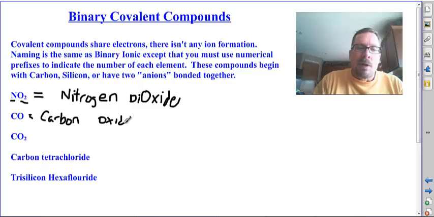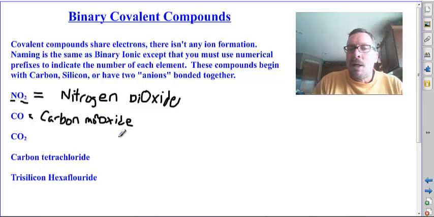I only have 1 carbon, so that would be mono, but because carbon is the first element, I don't have to write mono. I do for the second one, so 1 oxygen would be monoxide. This becomes carbon monoxide.